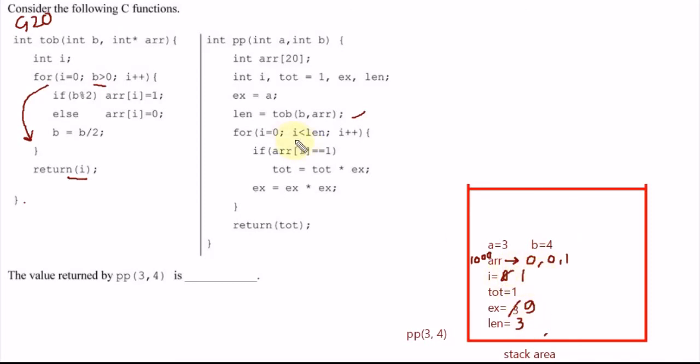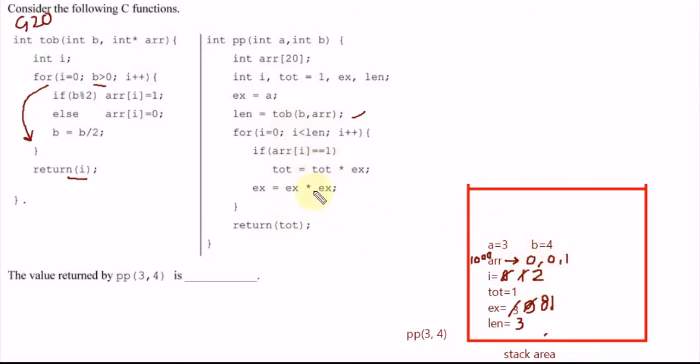Now this condition is true because 1 is less than 3. Again we check if array[1] is 1, which is wrong, that is 0, so we again execute ex into ex, that will be 81. Now we increase the value of i, that will be 2, and this condition is true, so we check now.